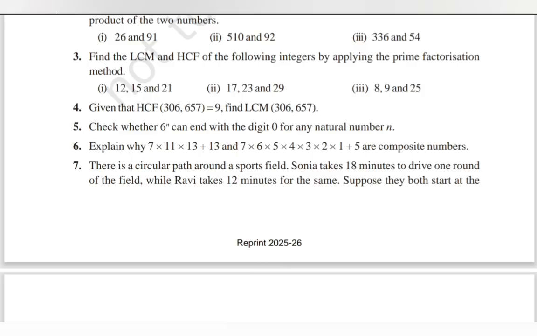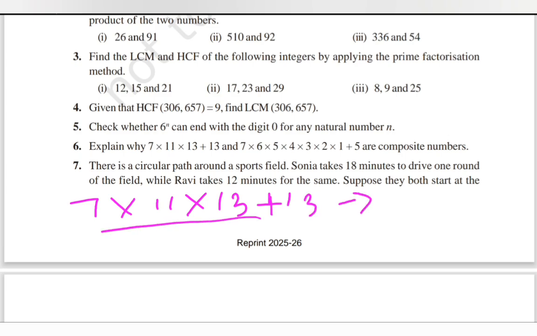So let's see the first number, 7 into 11 into 13 plus 13. We can write this number like this also. We can take 13 as common. So we can write 13 into 7 into 11 into 1, plus 1.